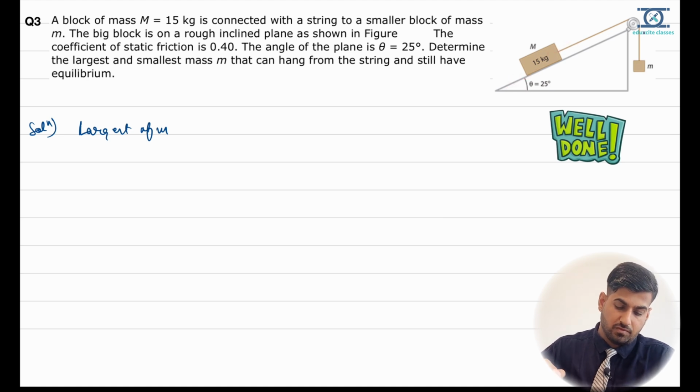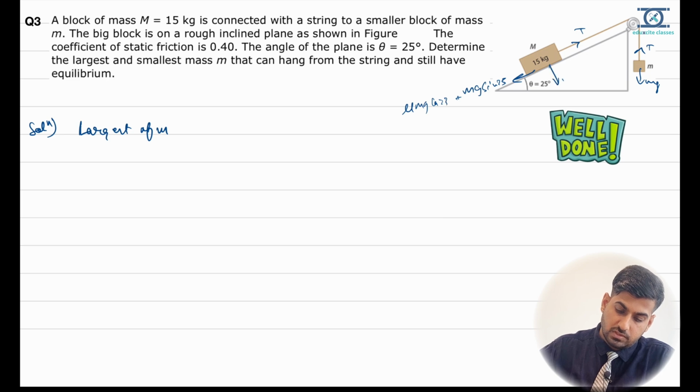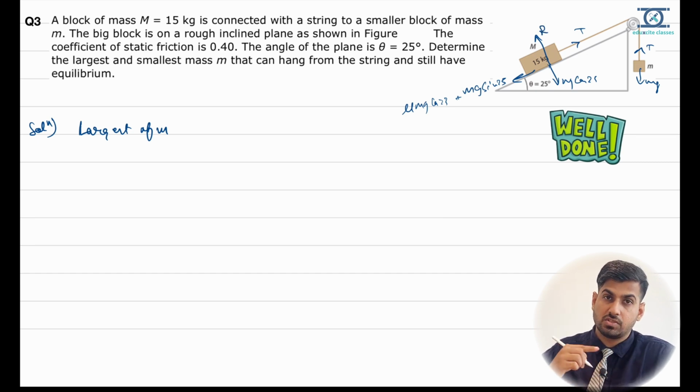So here for the largest m, if I want to draw the free body diagram, this will be mg, this will be tension, which remains the same in the same rope, and this will be Mg sin 25 plus mu Mg cos 25, because this will be Mg cos 25 and this will be the normal reaction force, and the friction is equal to mu R.